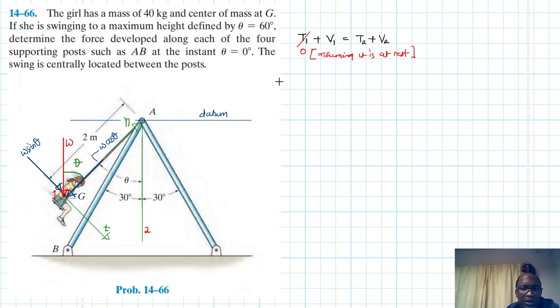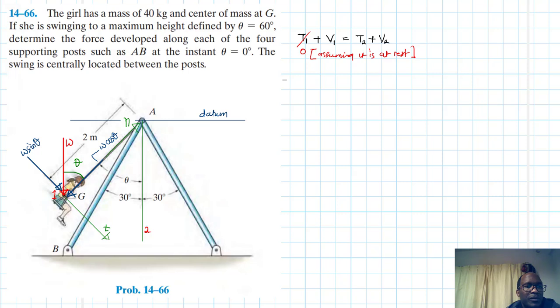So therefore let's define our gravitational potential energy for point 1.